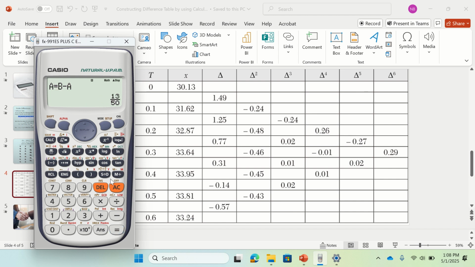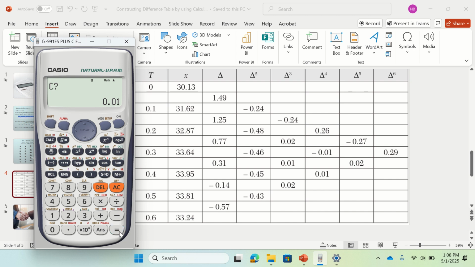Once you get to this point, you will only take that value of 0.26, decreasing the number of values in each column one by one. So it's 0.26. Press equal, that is again minus 0.01, and then press equal 0.01. And don't consider the remaining, the value of D, the value of E, F, and X.